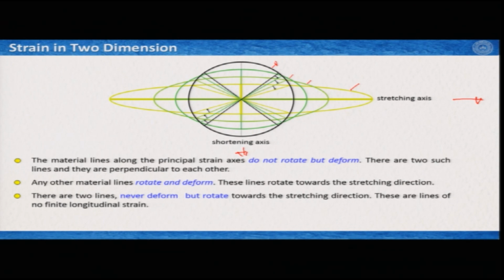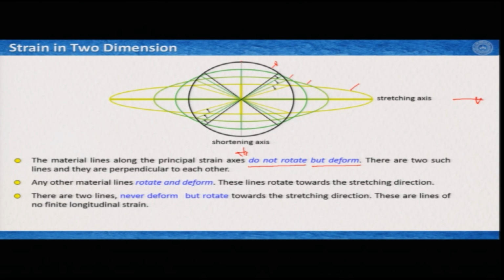Now, what we see here, there are three different kinds of material lines possible in this description of these strain ellipses. Now, certainly you have learnt about the principal axes of strain. The material lines along the principal strain axes do not rotate but deform.